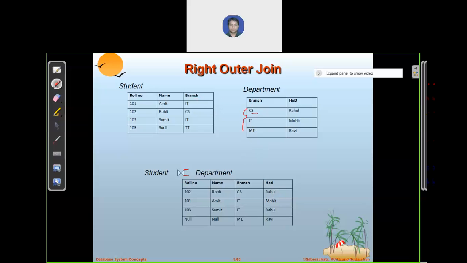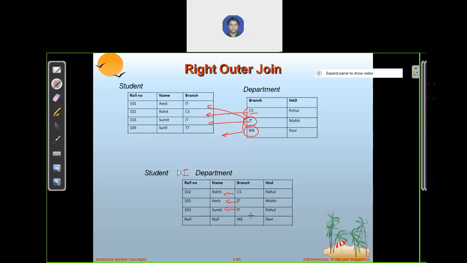For the CS, there is a corresponding record, yes, this. So make the relationship CS Rahul with this record Rohit. Okay. Now take the second record and check. The first is IT, so consider it. This is also IT, consider it. And for ME, there is no record, meaning there is no student of branch ME.